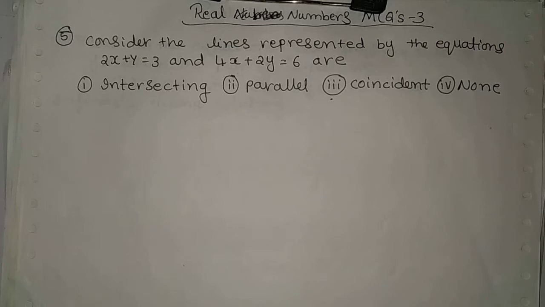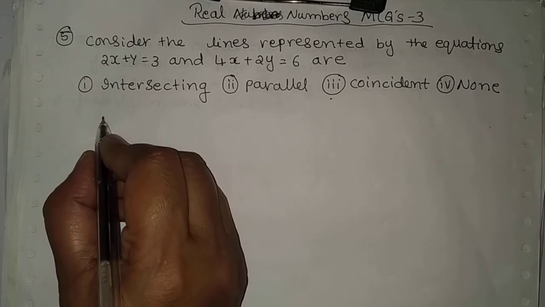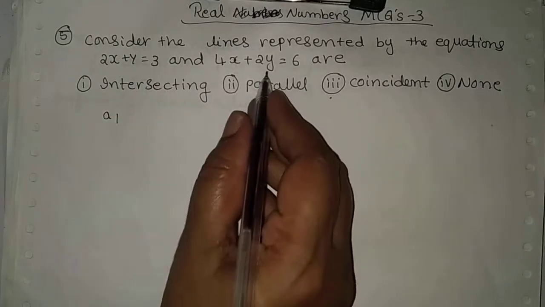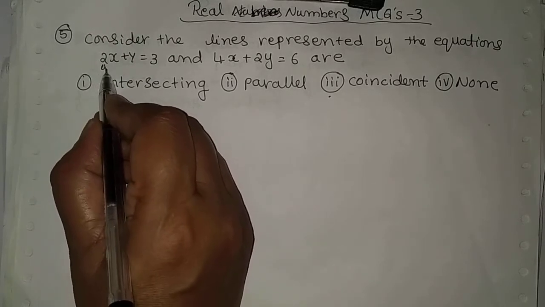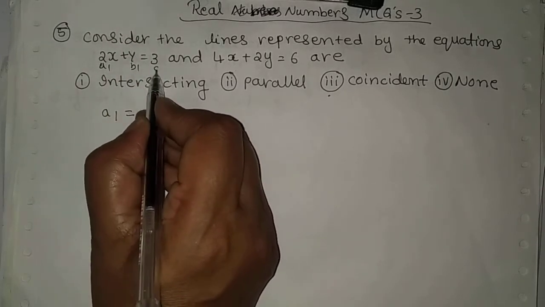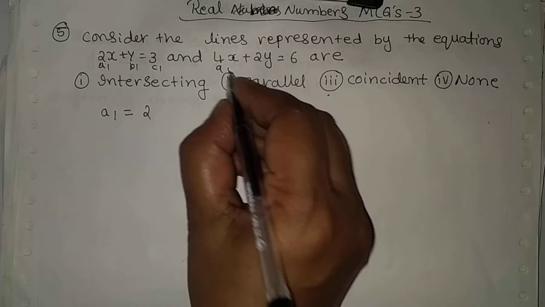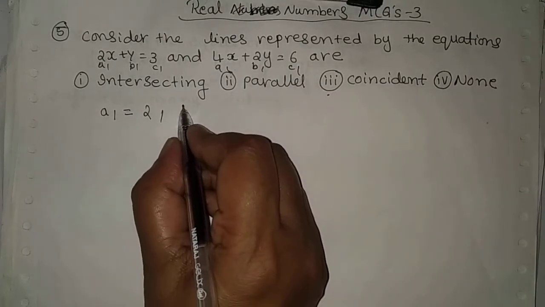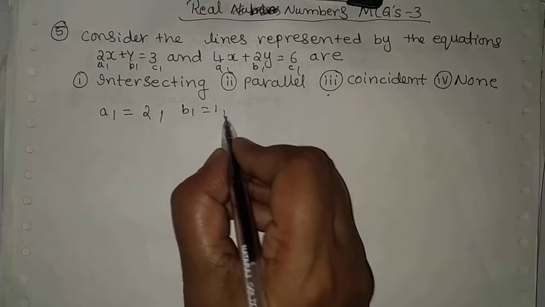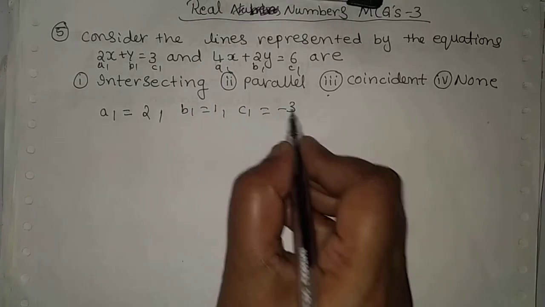Here, first, what is the solution? Take the two equations. This is A1, B1 and C1. A1 is 2, B1 is 1 and C1 is minus 3.